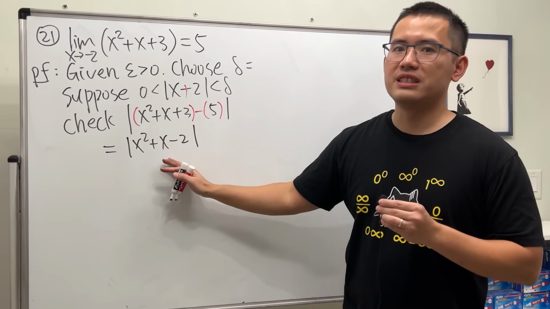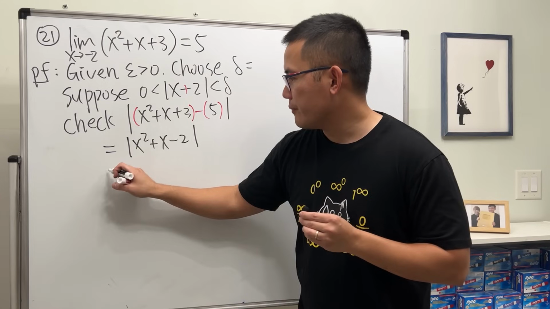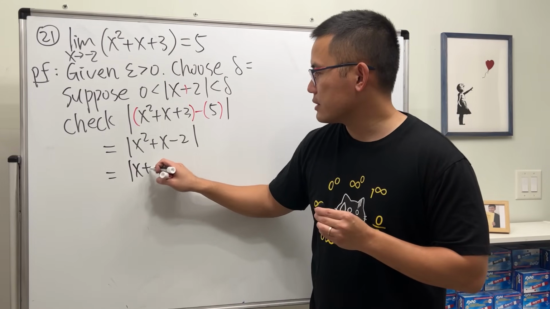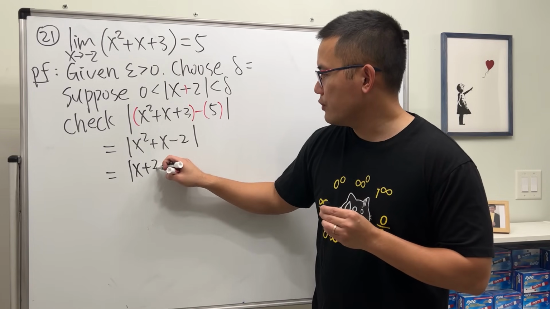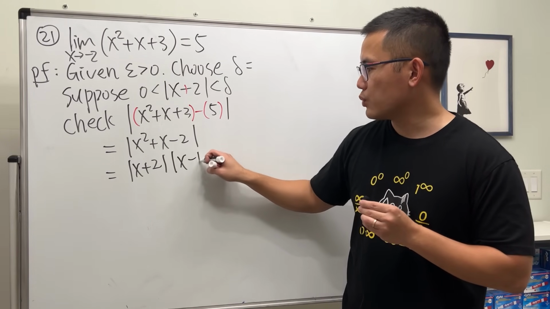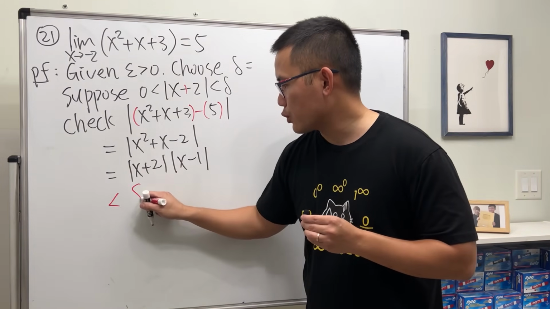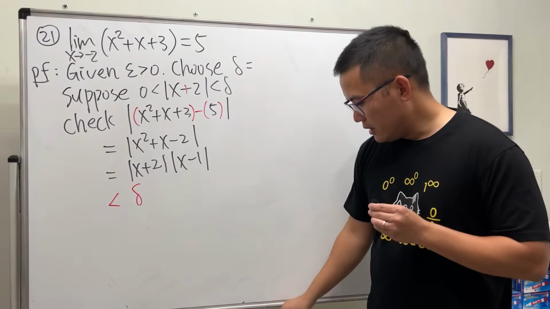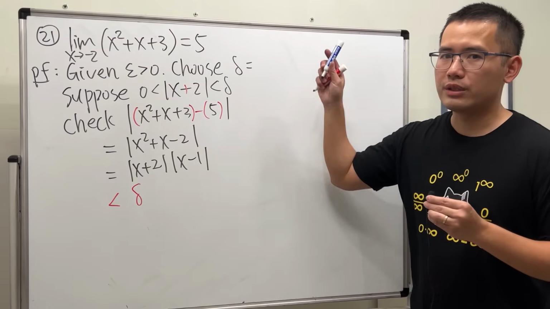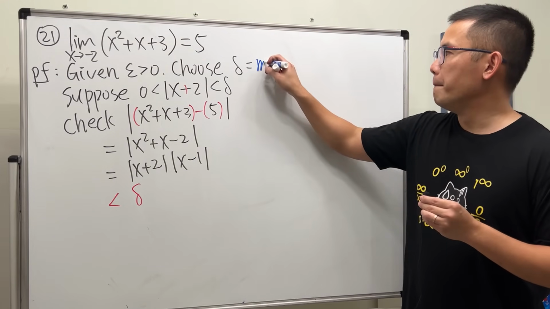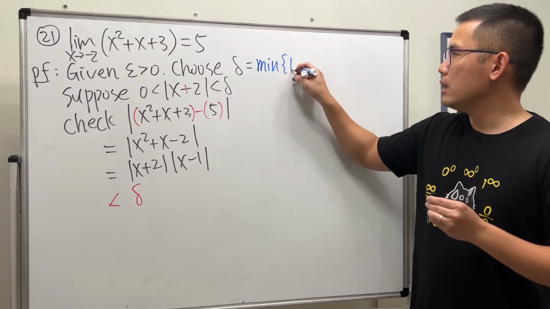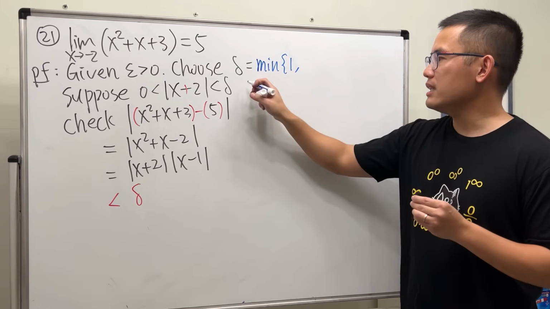Can we factor this? Yes. I will put down x plus 2 first, and then x minus 1. This is less than delta, so we can put that down right away. This is the case that we have to come here and write down minimum, so we can use more numbers, right?